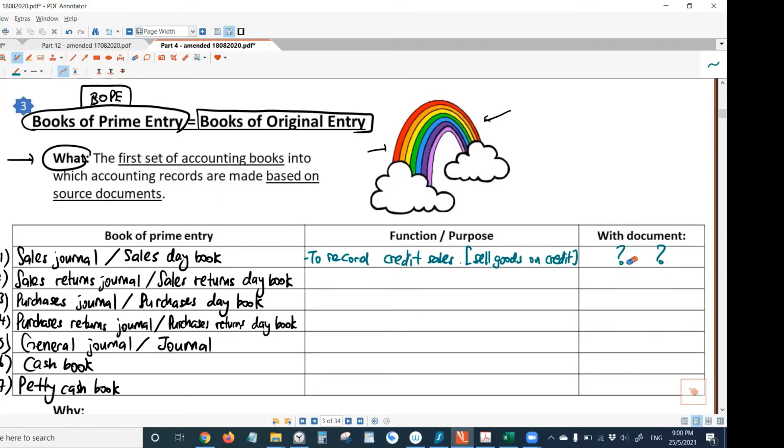Invoice. Yes, invoice. But when you are the supplier, you don't just call it invoice. You call this sales invoice. Even though it's the same piece of paper to both the customer and supplier, when you're the supplier, you call it sales invoice. Okay, so write sales invoice. Next, the function of sales return journal. Understandably, based on the term, this is used to record goods returned from customer.